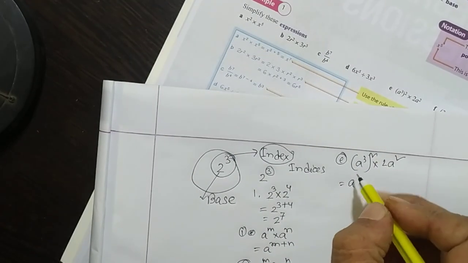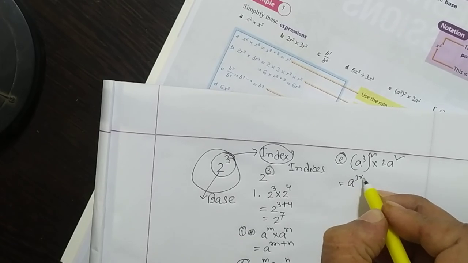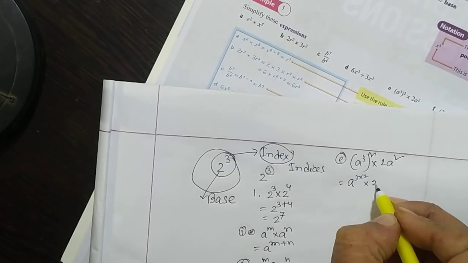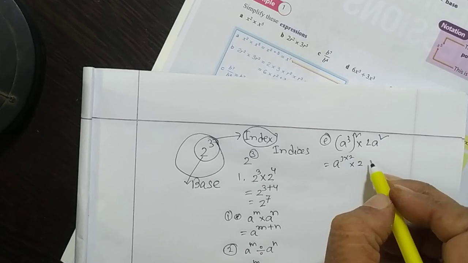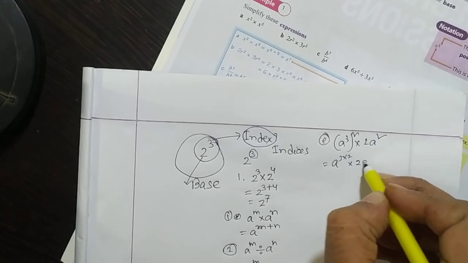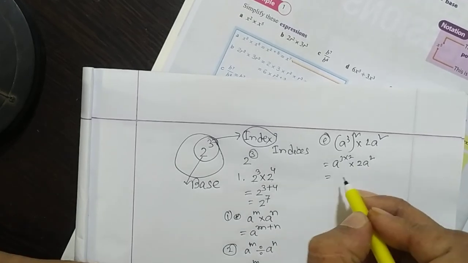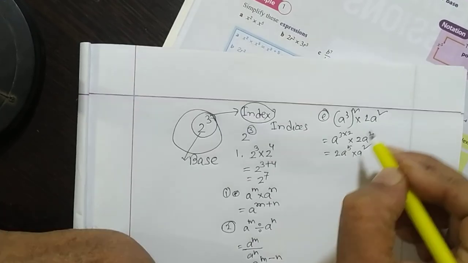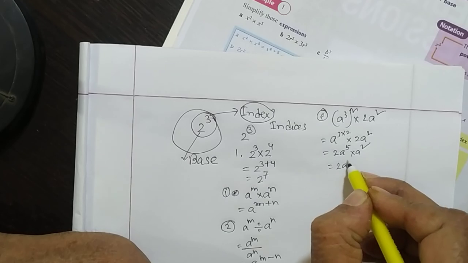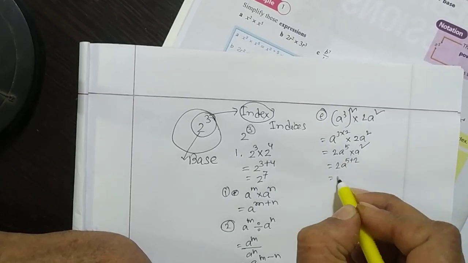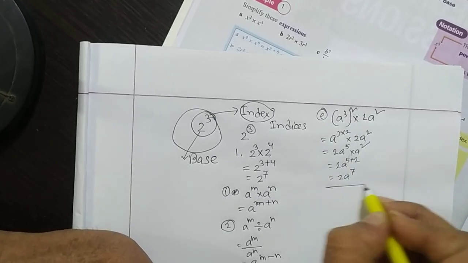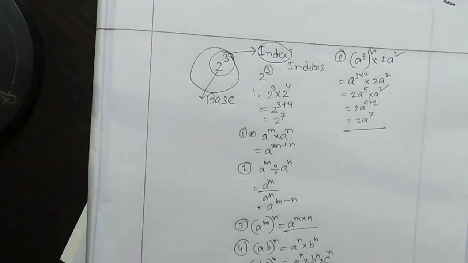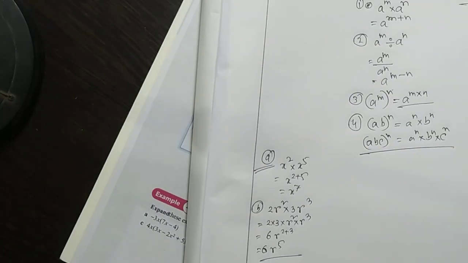According to that rule, we will multiply 3 with 2, and the 2 of 2a square is the coefficient. So 2a to the power 6 multiplied by a square, so 2, a to the power of 6 plus 2, a to the power of 8. So these are very simple math. In class 6 or 7 you have solved this type of math.